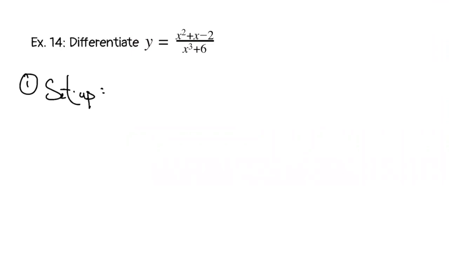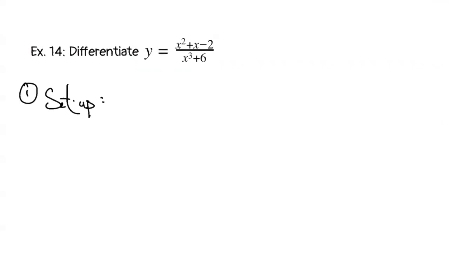And in this case, I can't simplify by breaking this up into multiple fractions, okay? If I did want to break this up into different fractions, I would get x squared over x cubed plus 6, plus x over x cubed plus 6, minus 2 over x cubed plus 6.